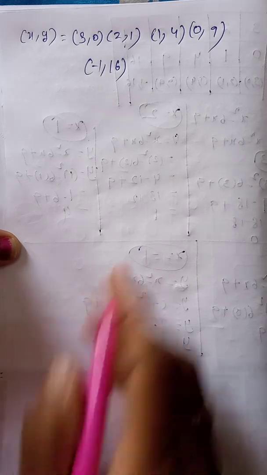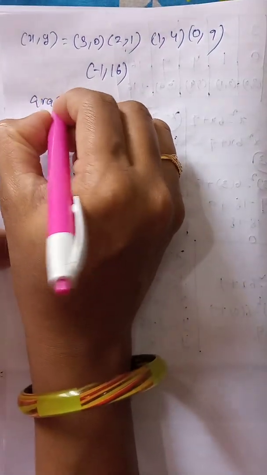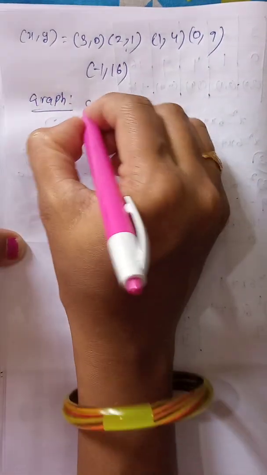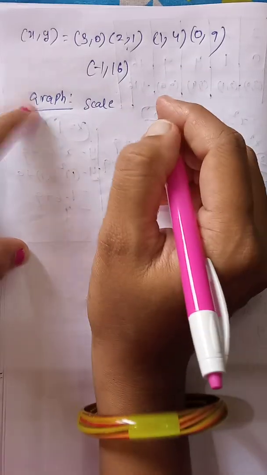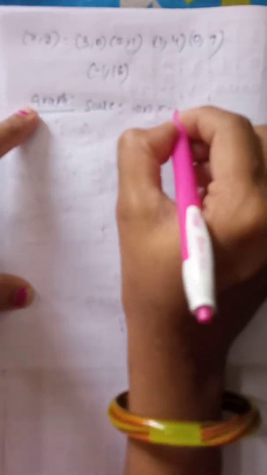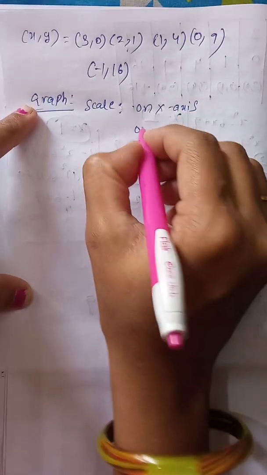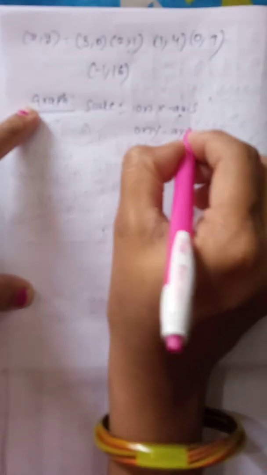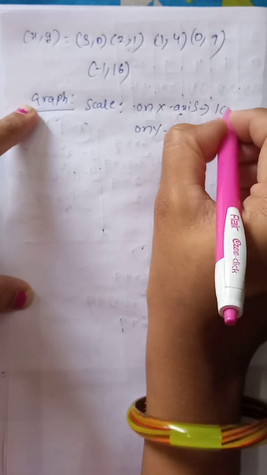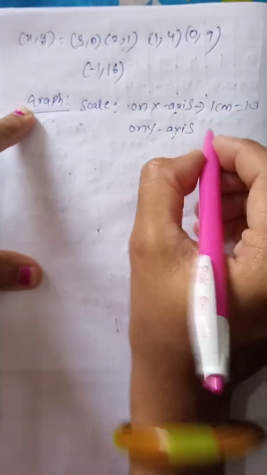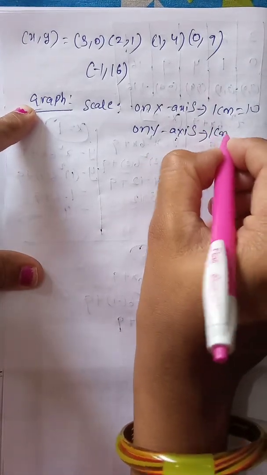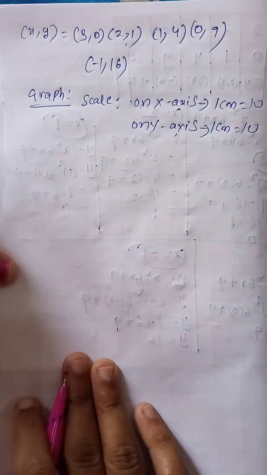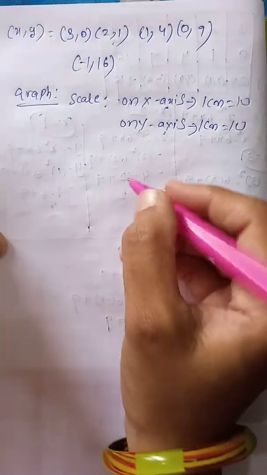Okay, so for the graph, the scale: on x-axis 1 centimeter equal to 1 unit, and on y-axis 1 centimeter equal to 1 unit. Now draw the graph.